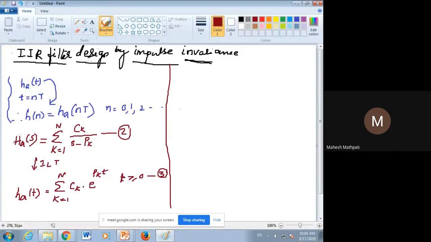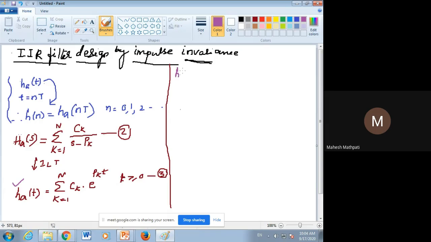is obtained by uniformly sampling h A of t, just write this h with suffix a of t.